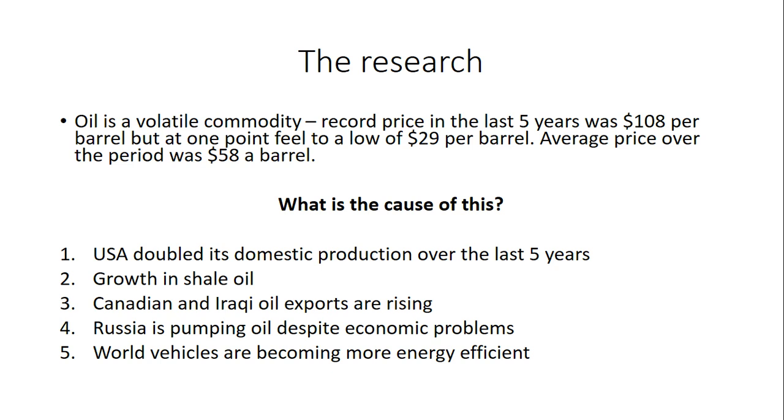And as we know, Russia is pumping oil despite economic problems, and they're doing this at a record level. And finally, another reason why we have seen volatility in the price of oil is that people are becoming more energy efficient. It actually says world vehicles. So we've got smart cars, we've got electronic-based cars, we've got cars like the Toyota Priuses, for example.